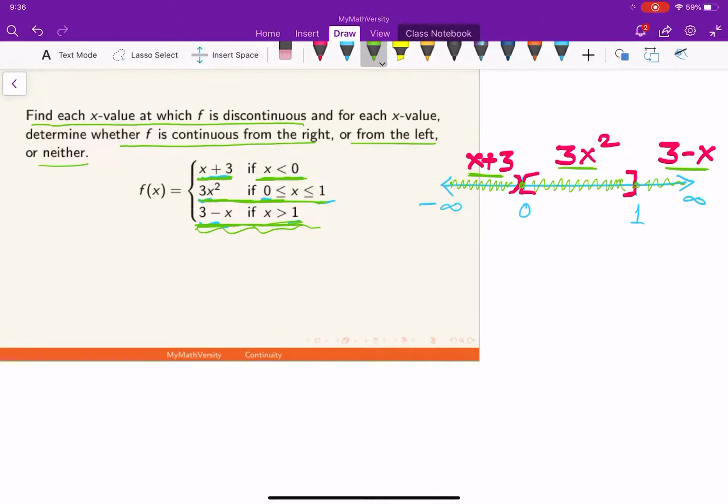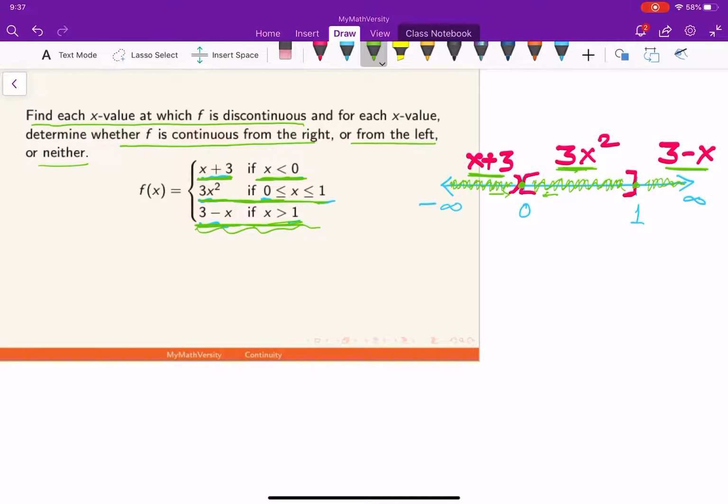All of these are polynomial functions, and we know that polynomial functions are continuous on their domain. So x plus 3 is continuous here, and for any real number between 0 and 1 it is continuous, and 3 minus x is continuous. I'm asking you to wait at the endpoints, because as we go closer and closer to 0 from the left and right, two different functions are behaving, so we need to look into how the function behaves.